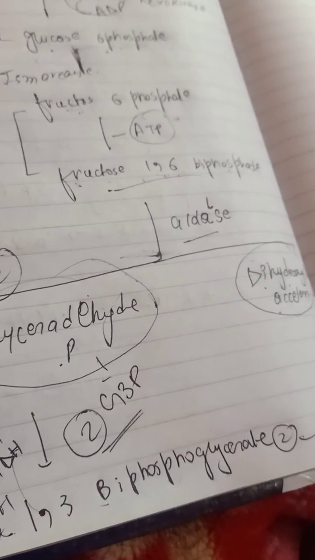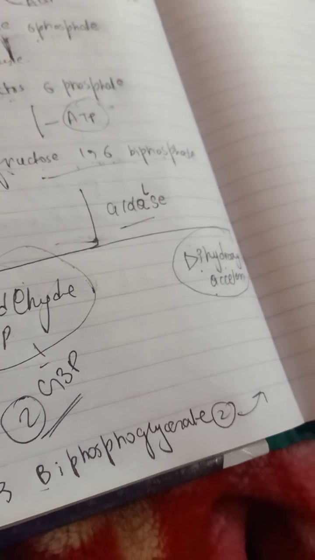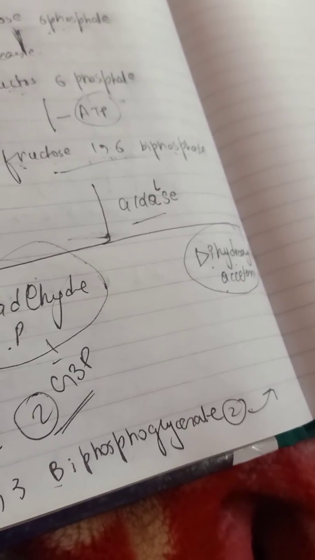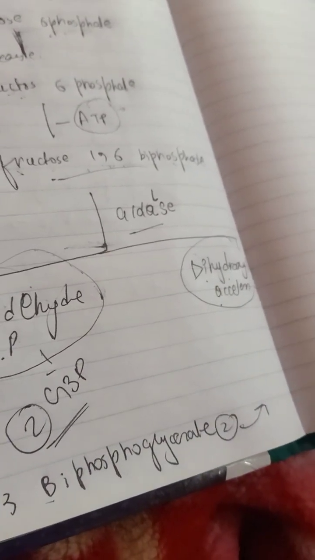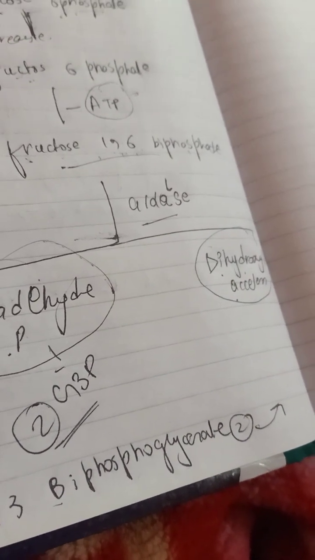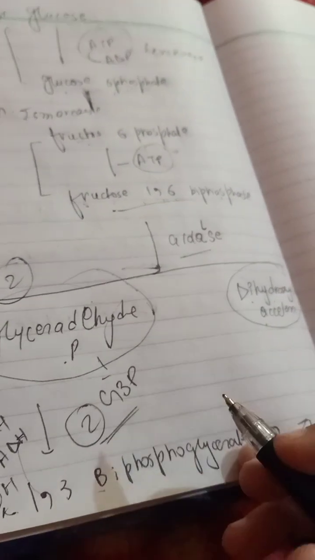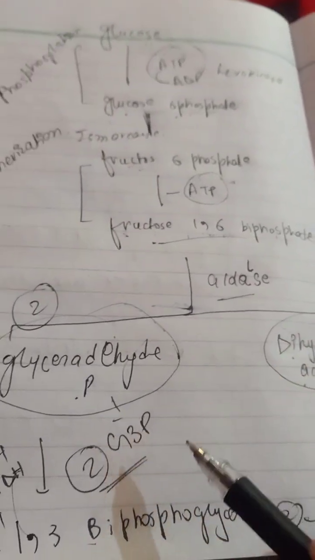Okay, next, after splitting, that is called the isomerization, where the dihydroxyacetone will convert into two molecules of glyceraldehyde. Okay, so after that there will be the formation of ATP.